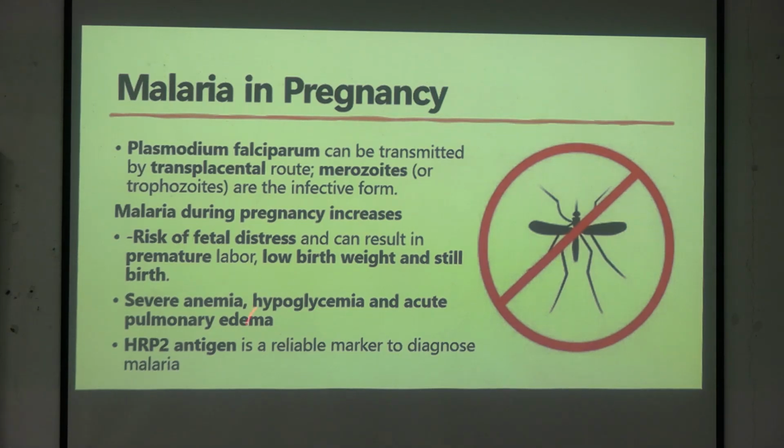So what more can occur is anemia, hypoglycemia and pulmonary edema. These three happen, but that can be countered, that can be treated. So mostly these are the things.